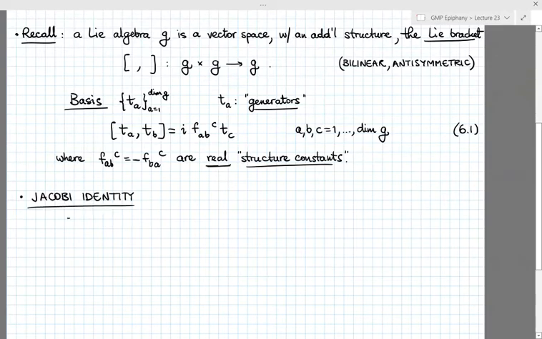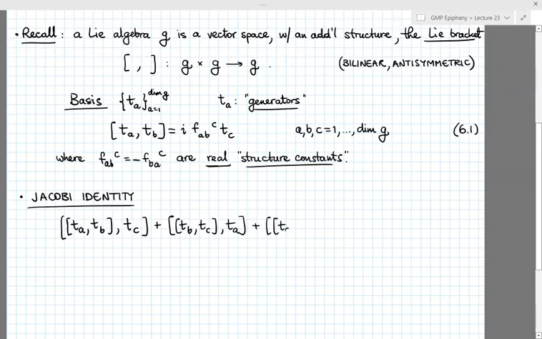Which states that if we take the commutator of two elements of the Lie algebra, and here I'll apply it to the generators, so the bracket of T_A, T_B, and then we take the bracket of that with T_C, and finally we add the cyclic permutations. We'll have T_B Lie bracket with T_C, all Lie bracket with T_A, plus T_C Lie bracket with T_A, all Lie bracket with T_B.